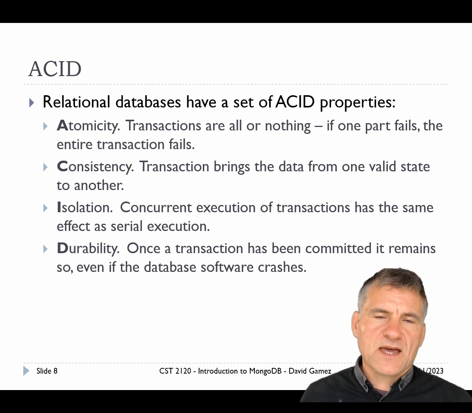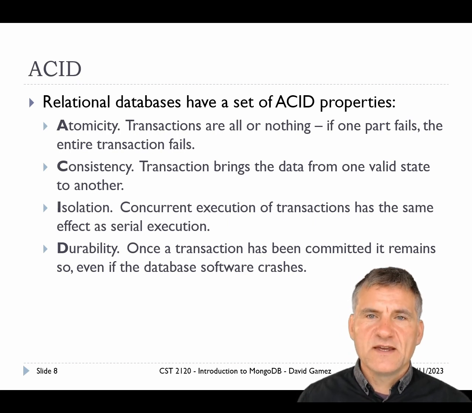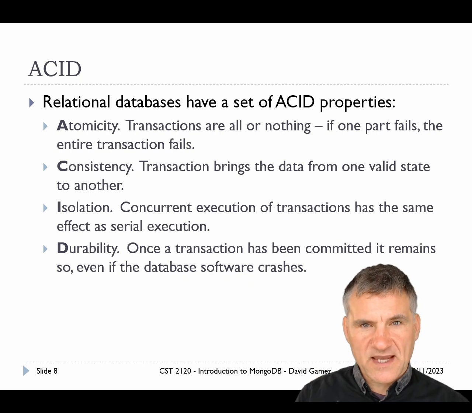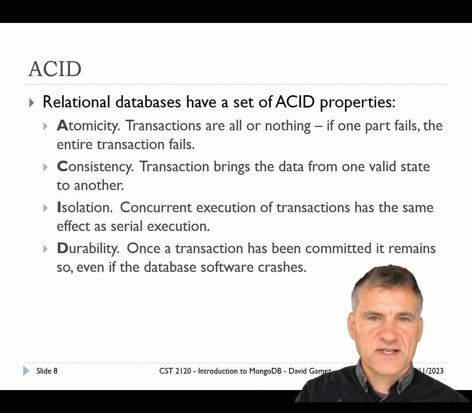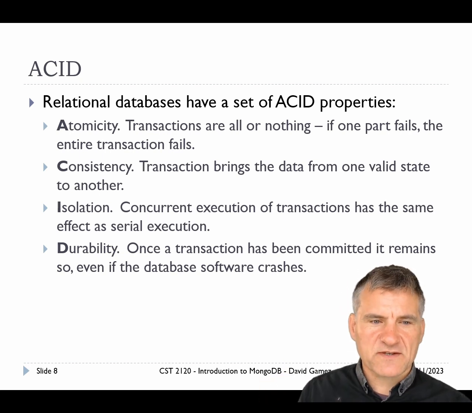And then we have these ACID properties, which are a set of properties that all relational databases must have to ensure that the data within them goes from one consistent state to another consistent state, and this transition is known as a transaction, yeah? So these transactions have to be all or nothing, that's the atomicity constraint. So if one bit of the transaction fails, then the entire transaction fails.